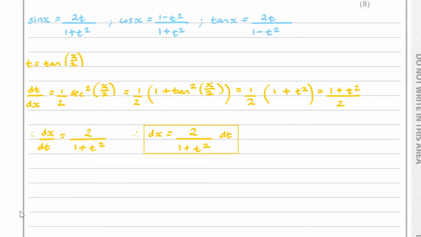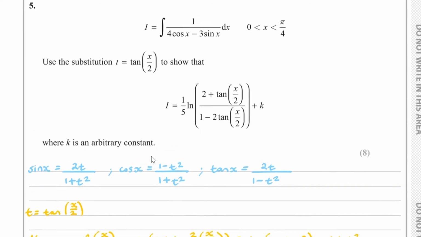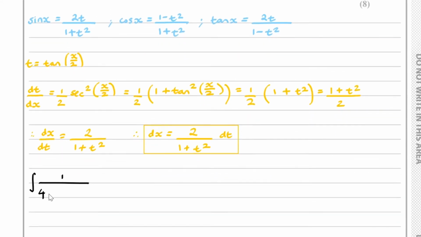So the integral of 1 over 4 times the cosine of x minus 3 times the sine of x with respect to x.